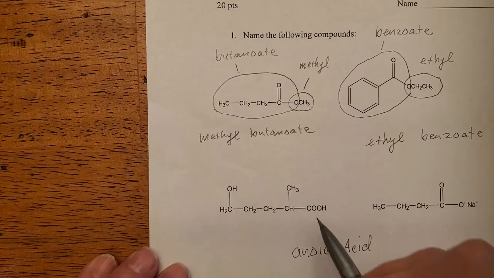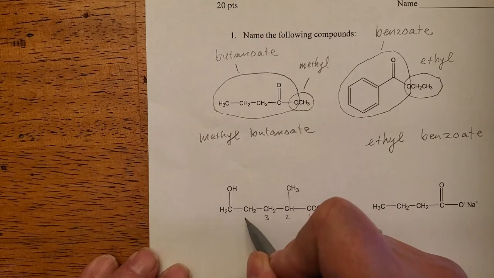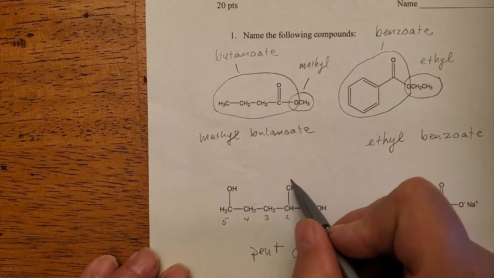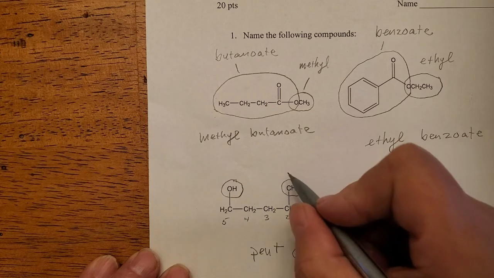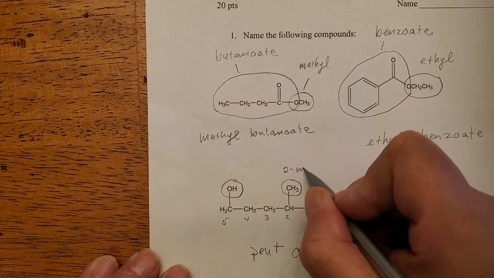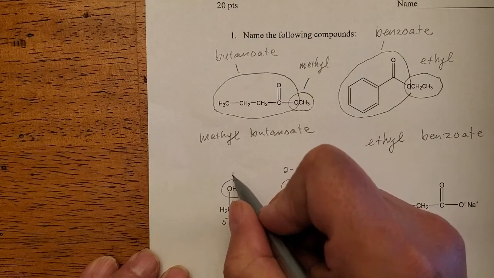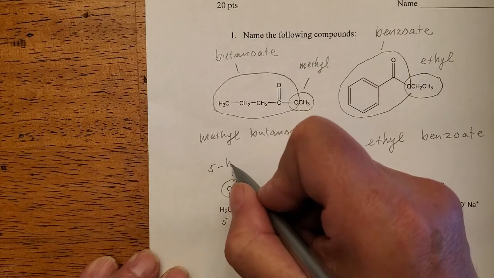And you count the longest chain, so that's going to be 1, 2, 3, 4, 5, so this is going to be a pentanoic acid, and you have 2 substituent groups. This is going to be a 2-methyl and this is going to be a 5-hydroxy.